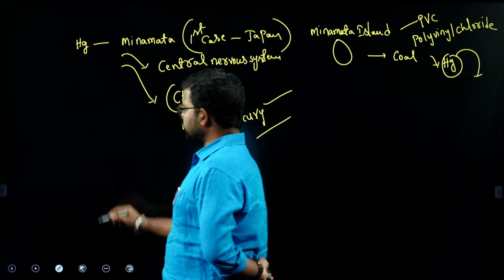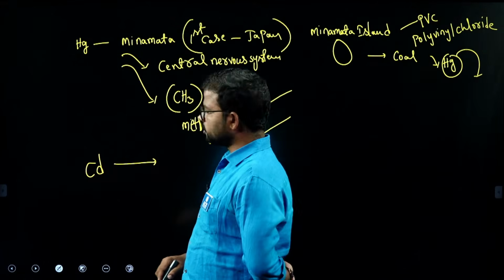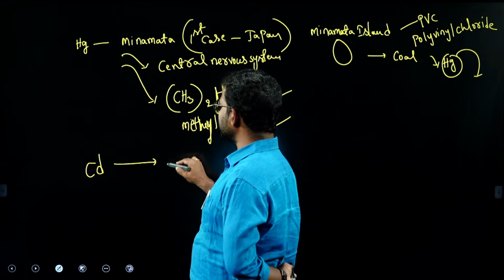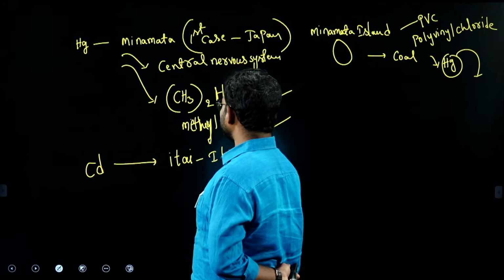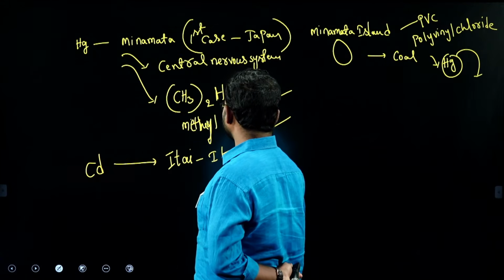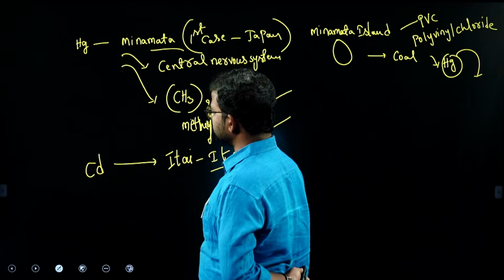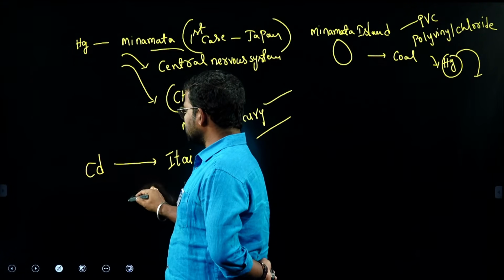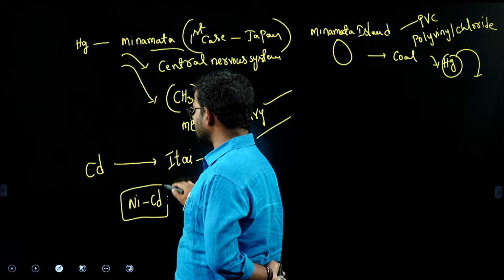What about cadmium in Japan? This case was also found for the first time. It is called Itai. So Itai and Minamata, these two cases were found in Japan. The reason is that to make rechargeable batteries they used nickel cadmium.